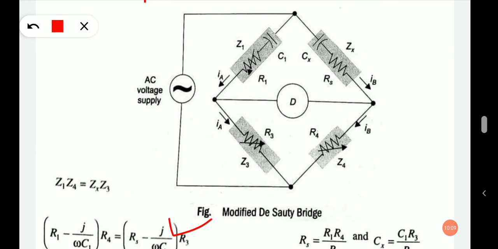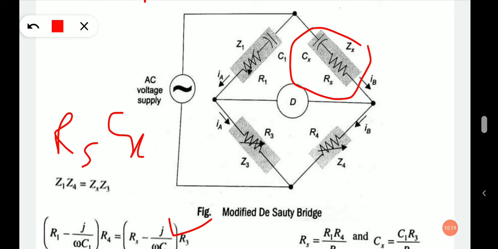The Rs Cx combination in the circuit represents the high resistance dielectric capacitance possessing low dissipation factor and an extremely low leakage current.